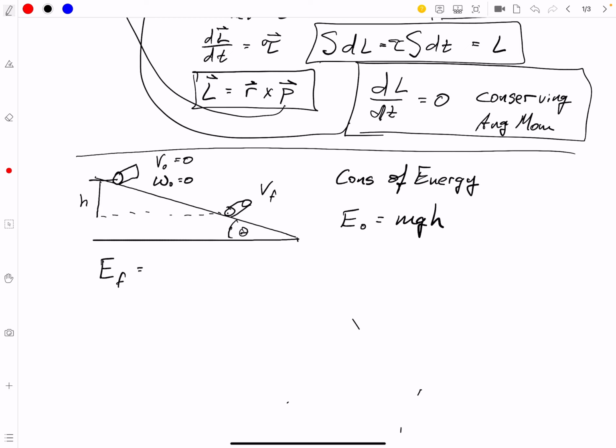Our final energy will be equal to the kinetic energy rotationally plus the kinetic energy linearly, and we can write that out.